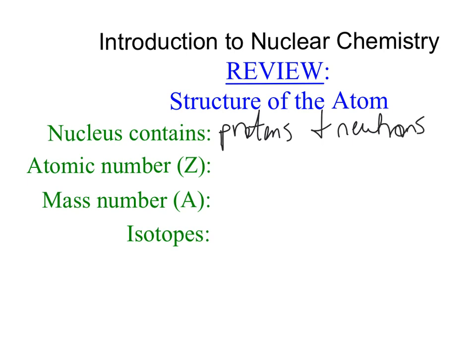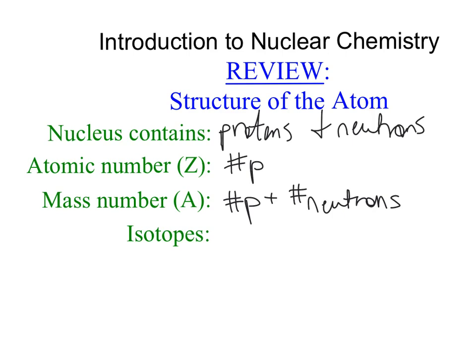The atomic number, which is abbreviated Z, is the number of your protons. And the mass number, in other words, the total mass of your atom, is the number of protons plus your number of neutrons. So essentially, your atomic number will tell you what your element is. The mass number tells you how heavy it is.